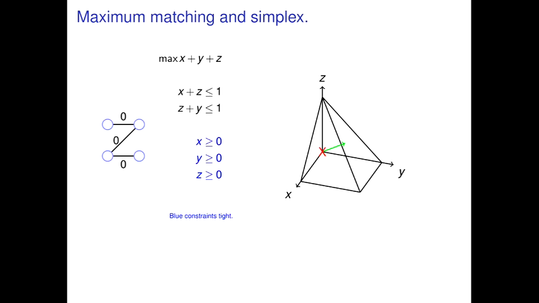So now what do I do? Well, I want to increase some variable in the simplex algorithm. So I'm going to increase this one. Why not? I'm going to increase it to 0.3, to 0.7, to 1. That's like putting in this edge.